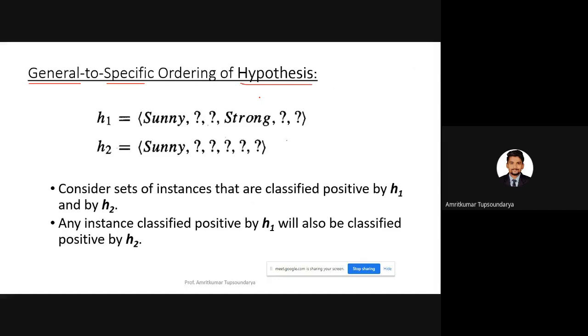Here we have considered a set of instances, and let's say the hypotheses are H1 and H2. Many of the algorithms for this kind of concept learning organize the search through the hypothesis space, as we have discussed in the previous lectures.